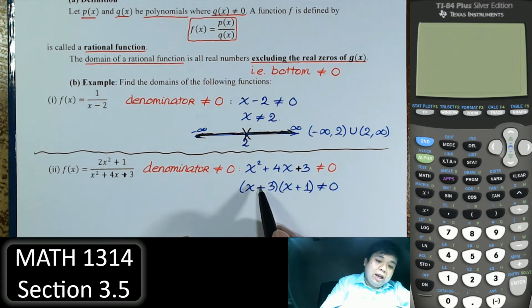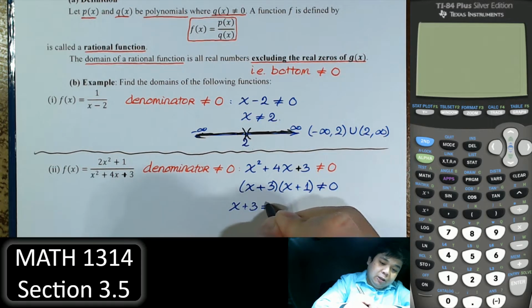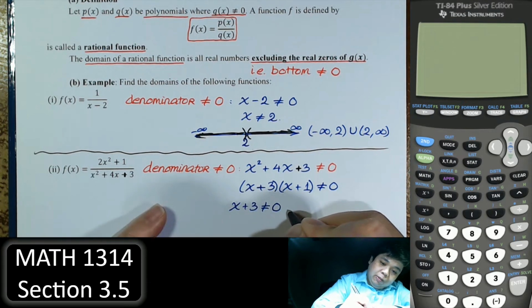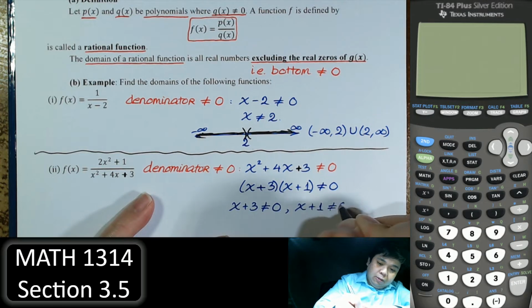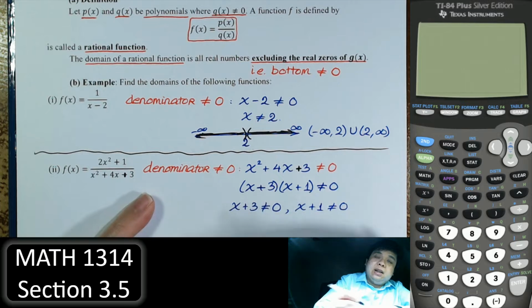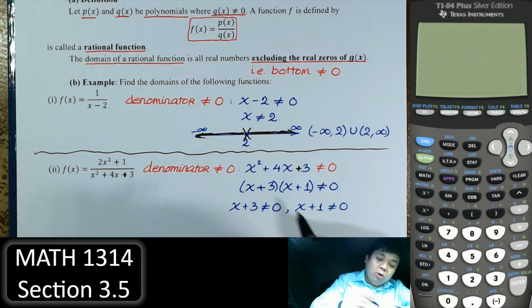Right. So here we say x plus 3 not equal to 0, x plus 1 not equal to 0. Subtract 3 on both sides and subtract 1 on both sides.